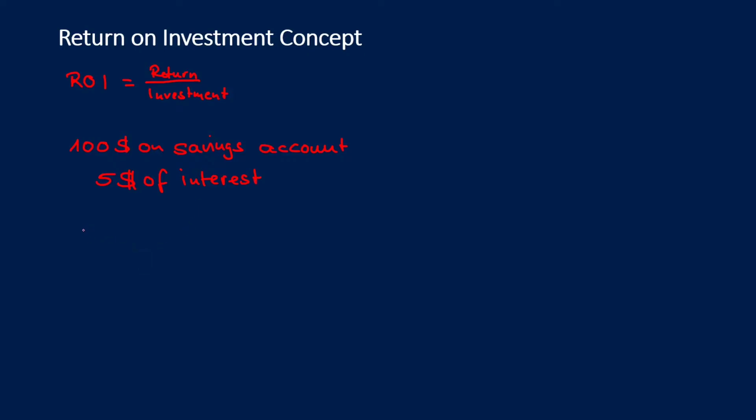Accordingly, the interest rate can easily be calculated as the return, which is $5, divided by the investment, that was $100, and that is 0.05 or 5% equivalently. So accordingly, the interest rate is a very simple return on investment concept.